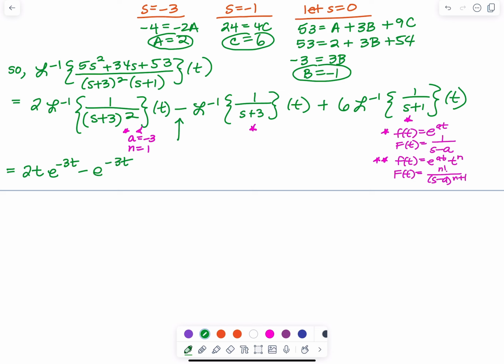There's our minus, and of course, our a is equal to negative 3. And now we have our 6, so we have plus 6, and here our a is equal to negative 1. So we have 6e to the negative t.